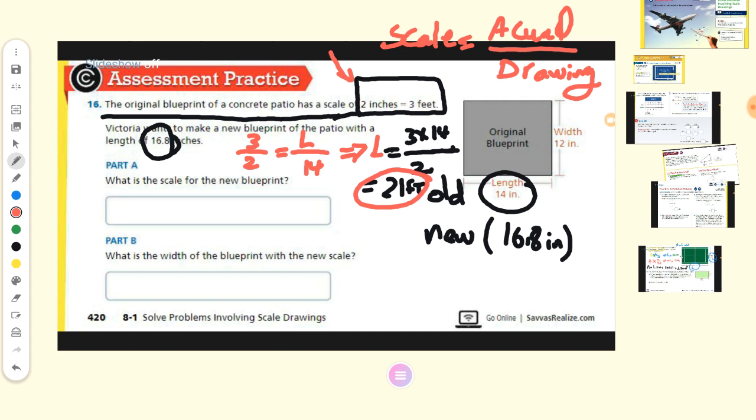What about the new scale? The new scale is actual over drawing. So we make a relation between the actual and the new drawing.